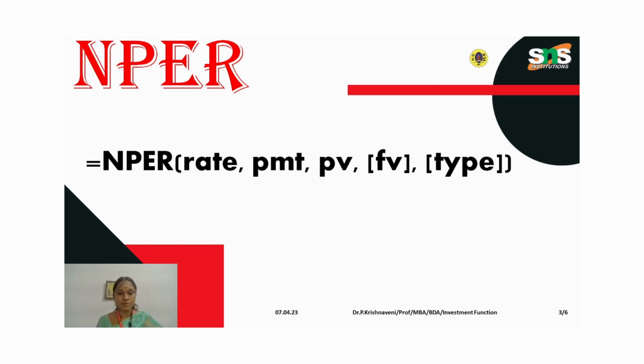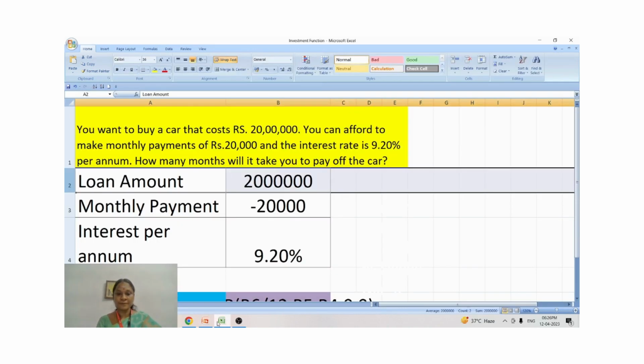I want to showcase this with the support of Excel, where the situation is that you want to buy a car costing 20 lakh, you can afford to make a payment of 20,000, and the interest rate is 9.20 per annum.